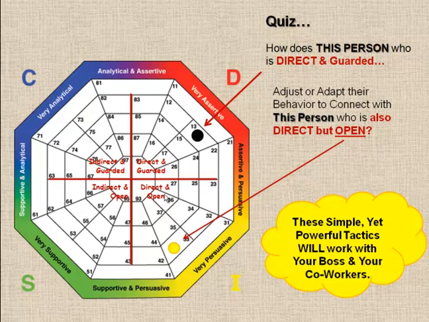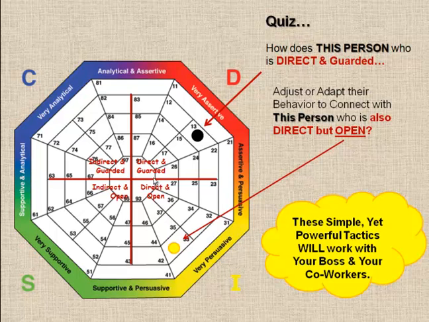Now, this person is also direct, just like this person, but this person down here is open, and this person is guarded. So, how can we give you a very simple yet powerful way to make this adjustment so that this person in the upper right-hand quadrant who's direct and guarded can communicate with this person who's direct and open?